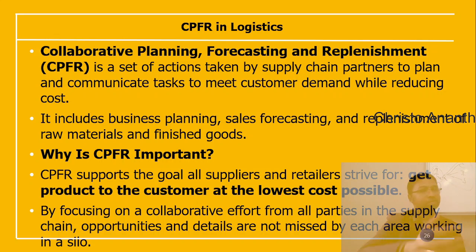So we'll have business planning, sales forecasting, and of course replenishment of raw materials and finished goods. You are going to meet the objectives of all suppliers and retailers, getting the product to the customer at the lowest cost, reducing the cost as much as possible. So we will go for collaborative effort among the parties in the supply chain.